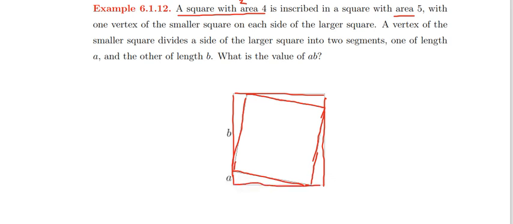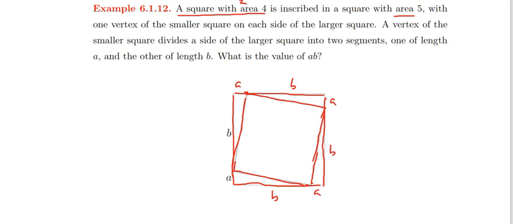So suppose this is A, this is B, here this is A, this is B. So from a large square we can make some smaller squares. Here we need to find A and B.